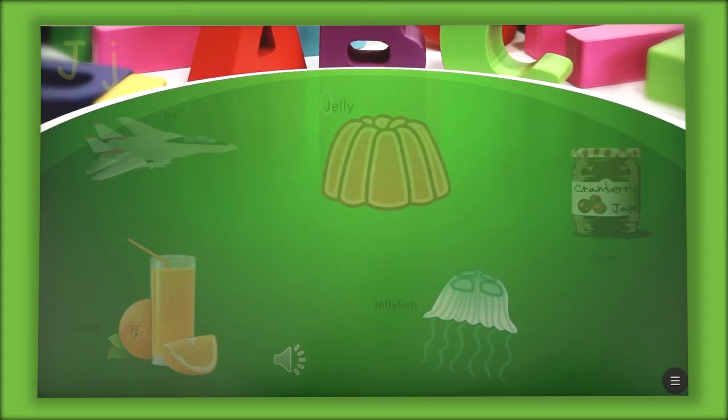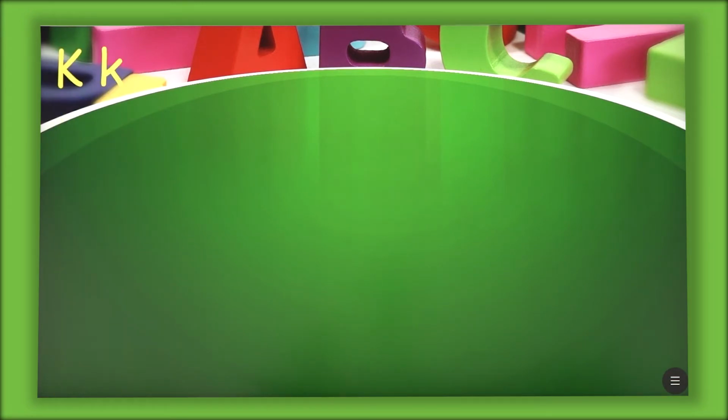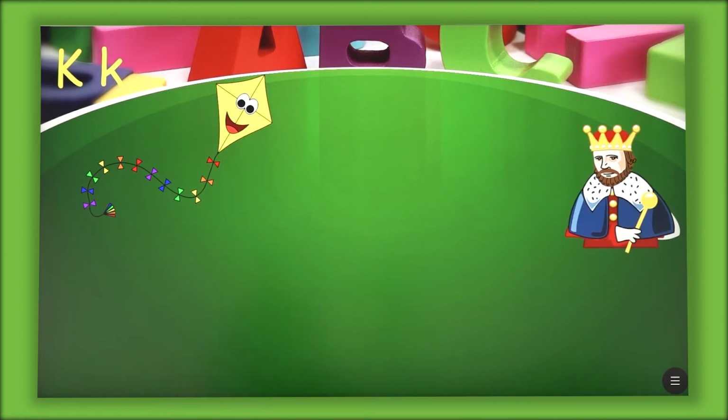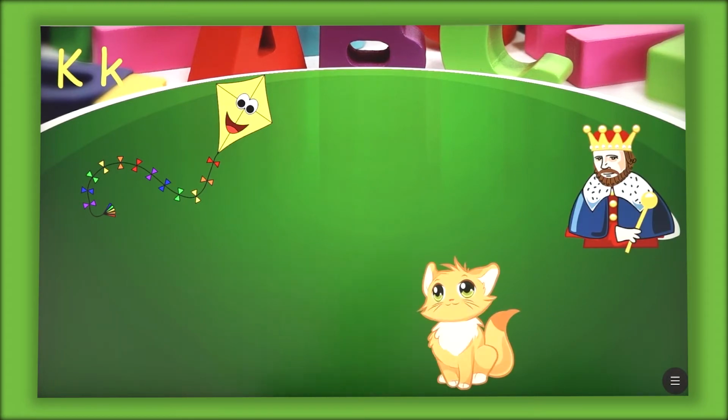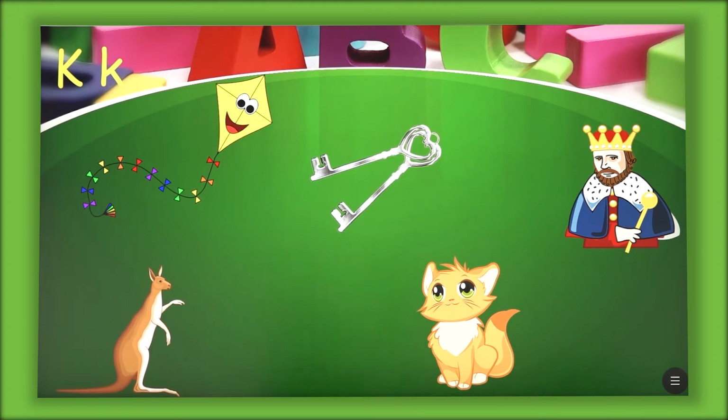Now let's start with letter K. I guess you know some words with this letter. So here we have a kite, a king, a kitten, a kangaroo, and keys. Now let's repeat them together.